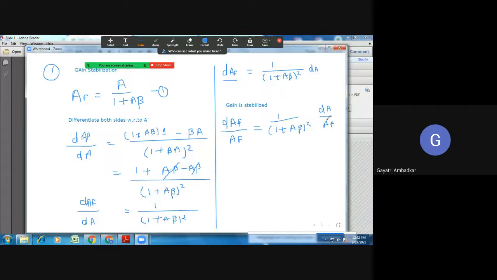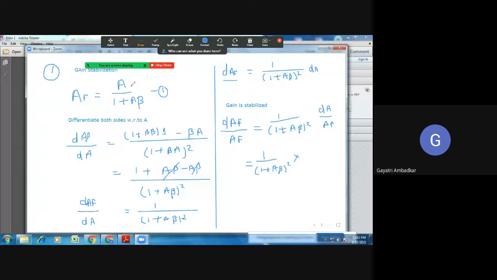What is my dA? I will rewrite this as 1 upon (1 plus A beta) square into dA, and what is my AF?